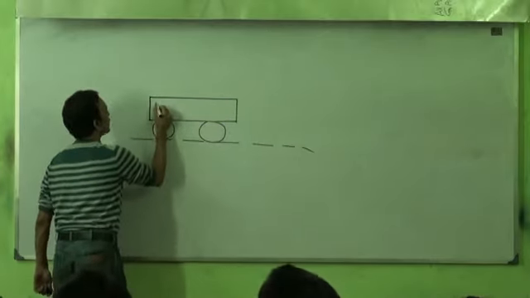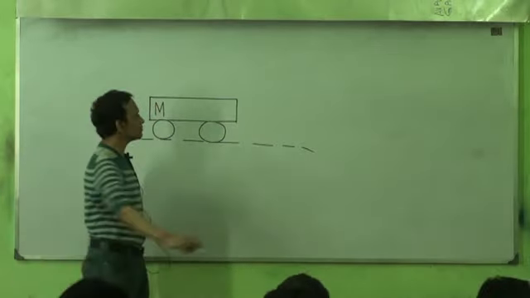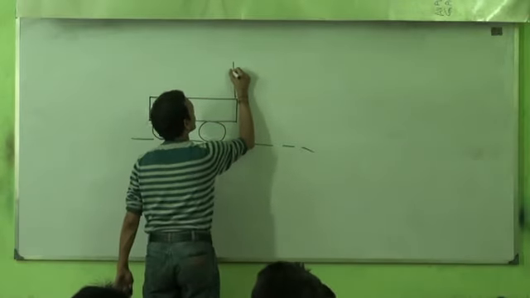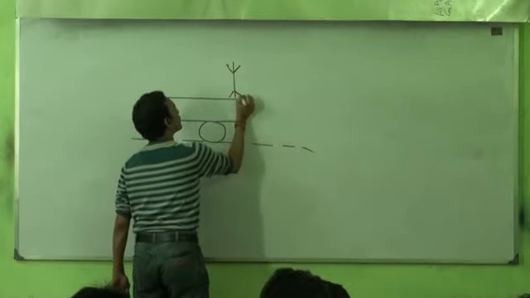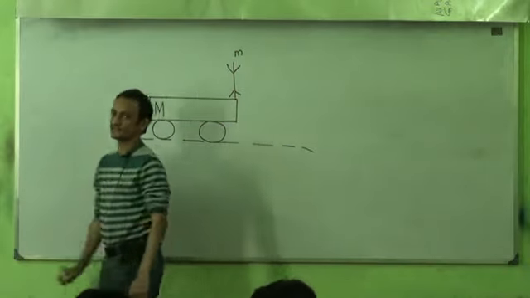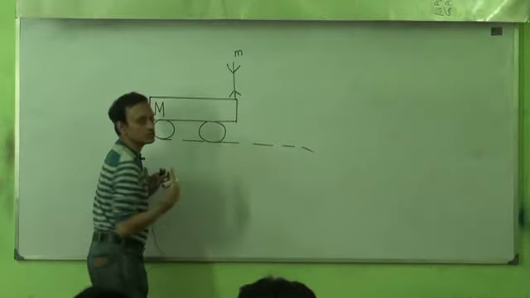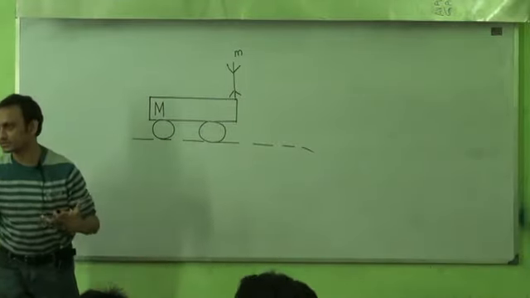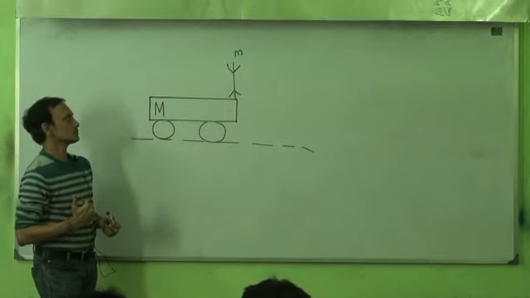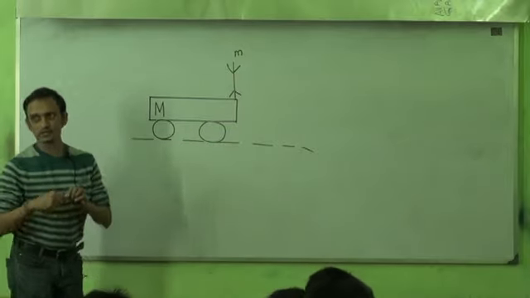Let's say the mass of the trolley is capital M. And there is a man of mass small m at the edge of the trolley. And the trolley is at rest. Initially, the trolley is at rest. And all of this is frictionless.